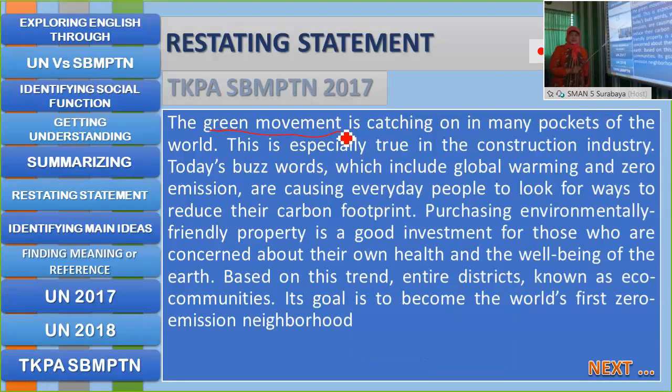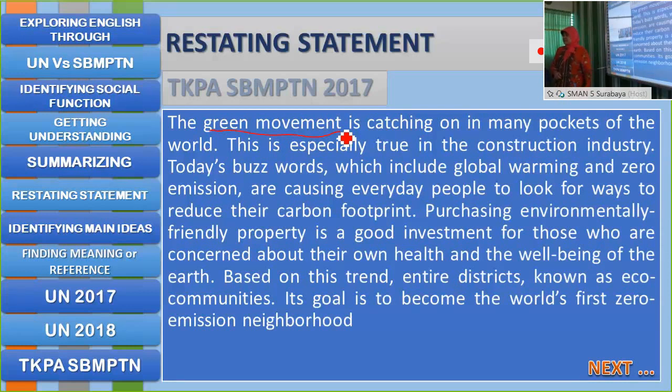What is meant by the word green in this case? It's something related to environment or nature. What can you guess? The green movement in this case, what kind of activity may people do?